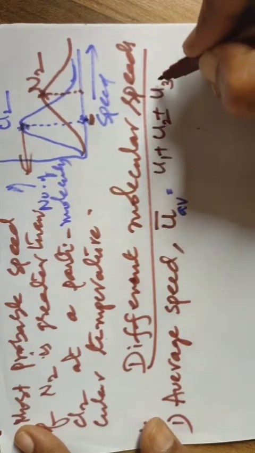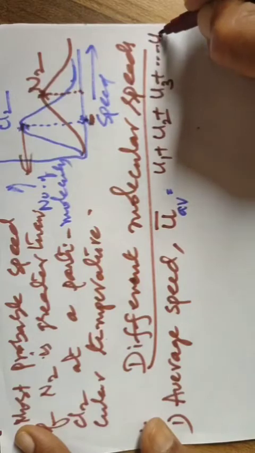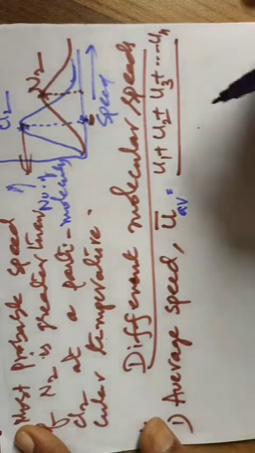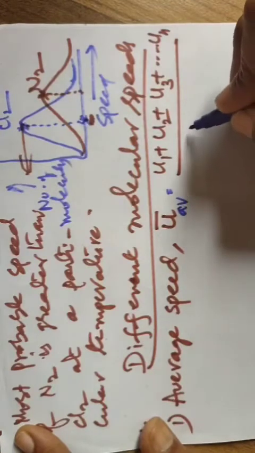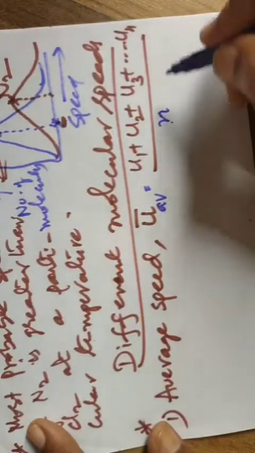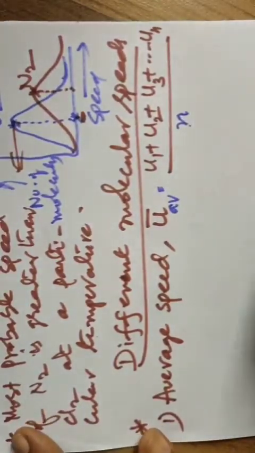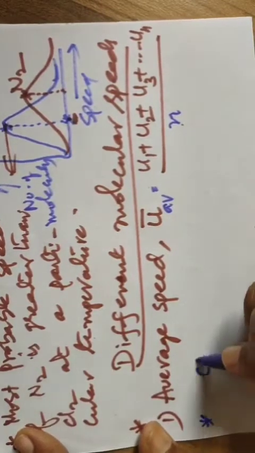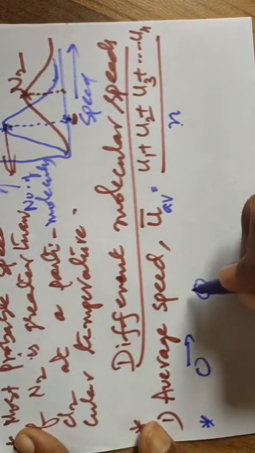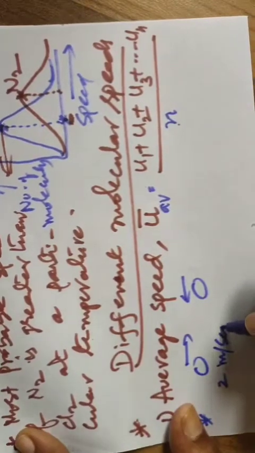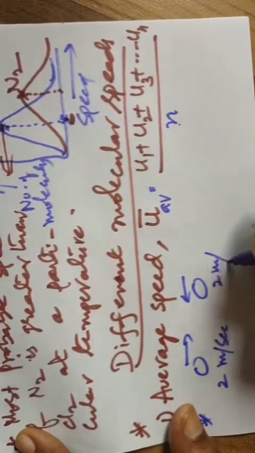All these velocities are added, and the sum of the velocities is divided by the number of molecules n. So this is how average speed is calculated. Sometimes what will happen to average speed? One molecule is moving in this direction, another molecule moving in this direction. It is 2 meters per second. It is also 2 meters per second.